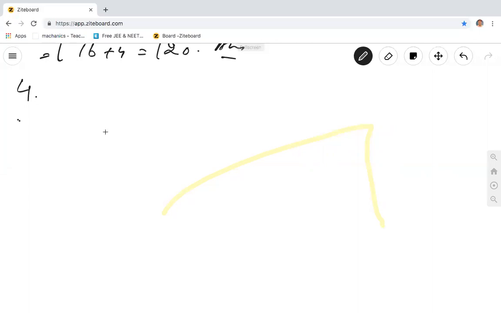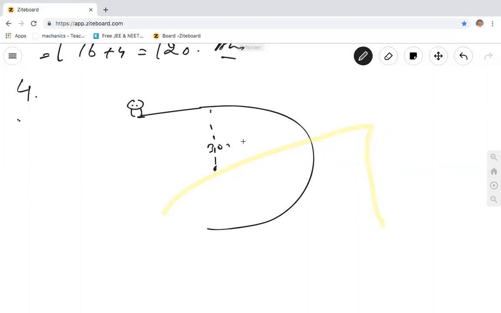A person on a scooter wants to negotiate a turn of radius 30 meters, and the person and the scooter weigh 150 kg.